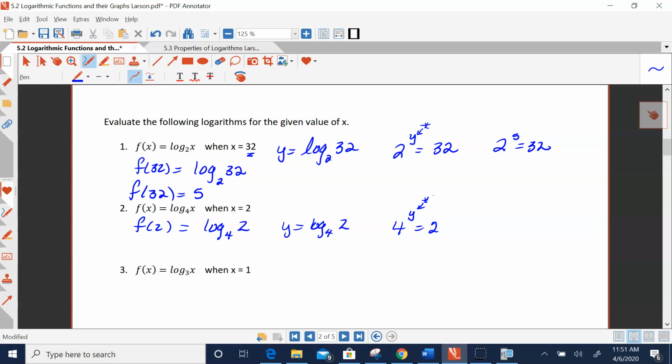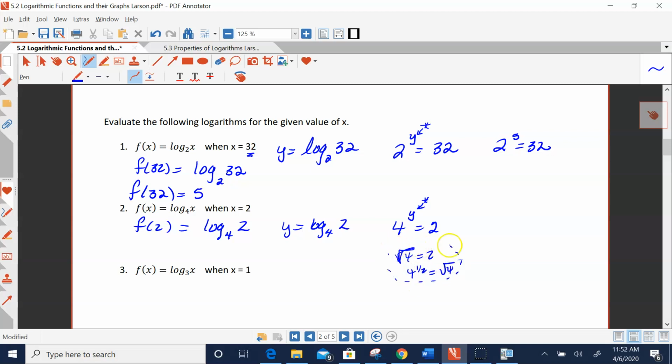Well, here comes the knowledge of exponents. Remember, how would I go from a 4 to a 2? Well, if I square rooted a 4, I would get a 2, right? And a square root has an exponential notation. 4 to the 1/2 is actually the square root of 4.